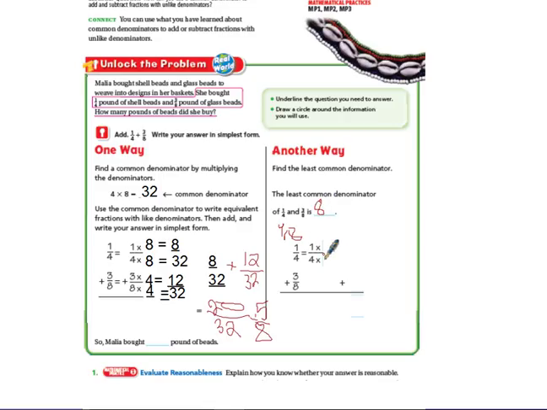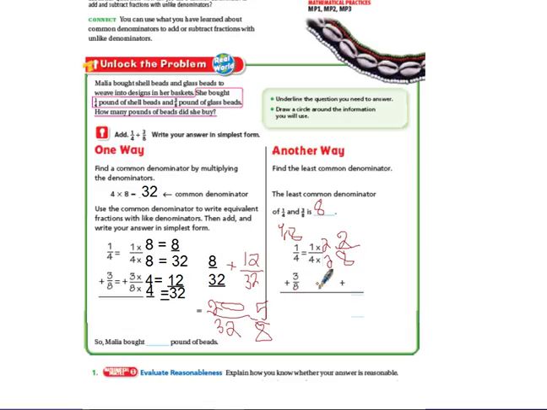So 4 times what got me to 8? 4 times 2 got me to 8. So up here, 1 times 2 equals 2. So there I have 2/8.